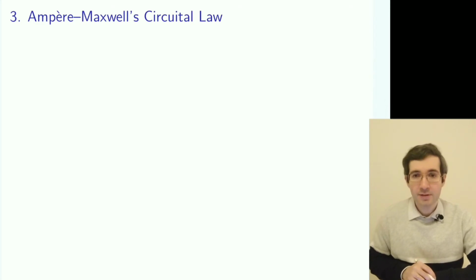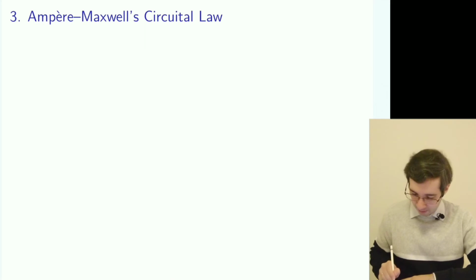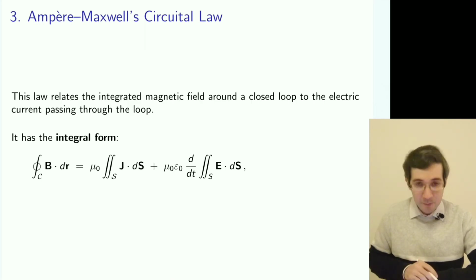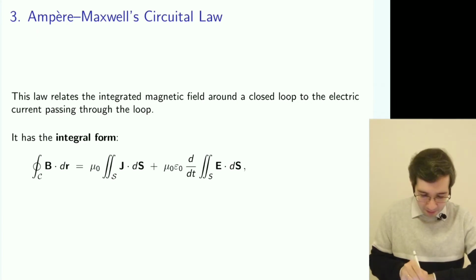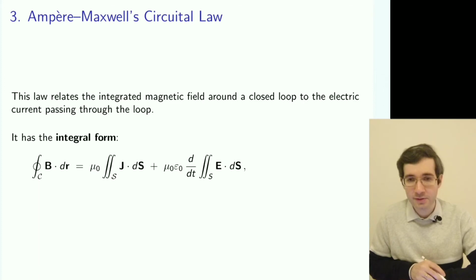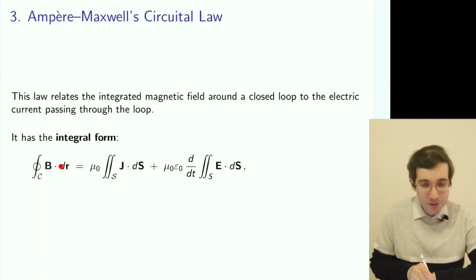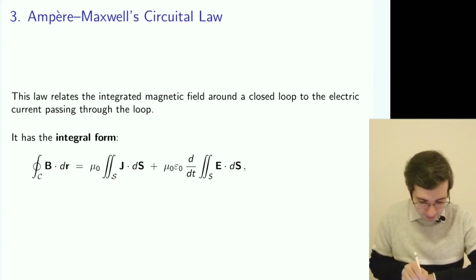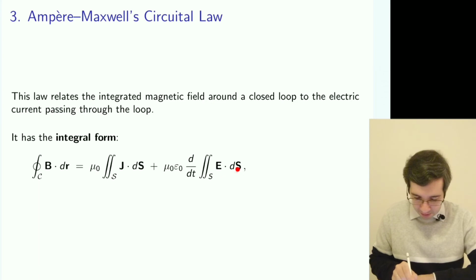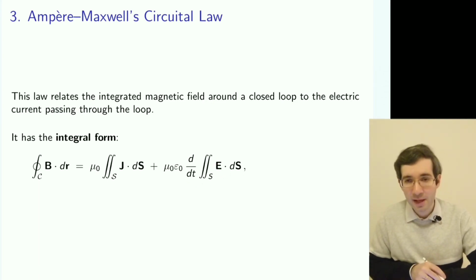And the third example would be the Ampere-Maxwell circuital law, which connects the magnetic field, the electric currents, and the electric field. So you can see here the circulation of the magnetic field is related to the flux of the electric current and to the rate of change of flux of the electric field.